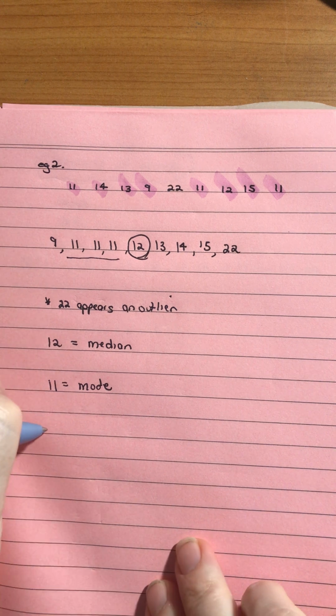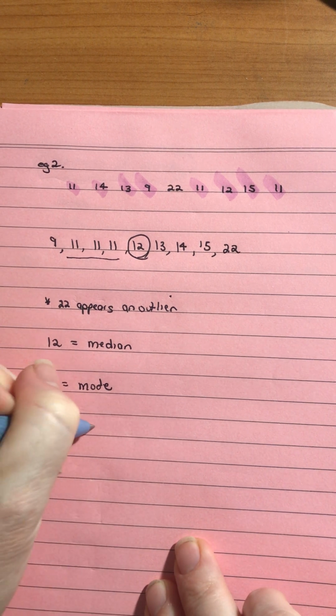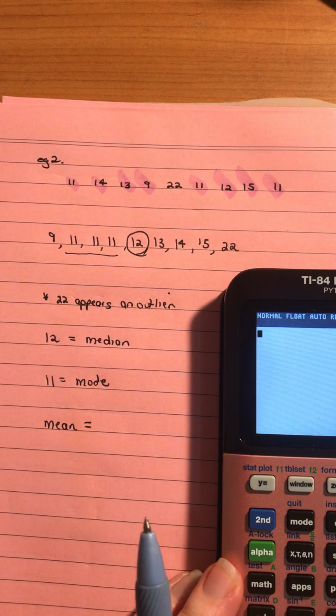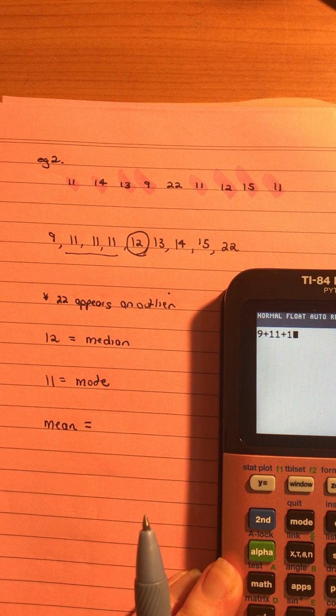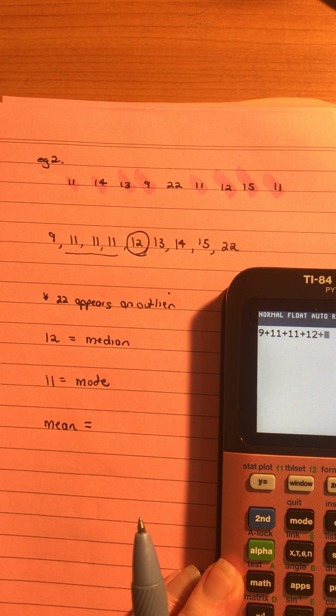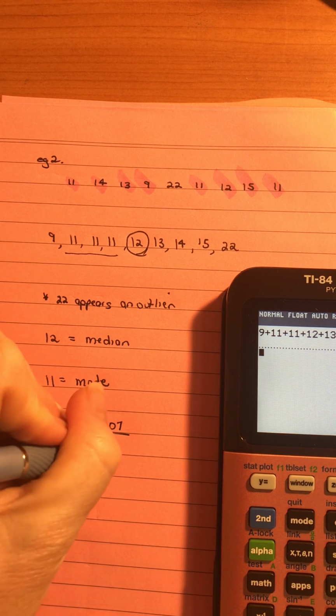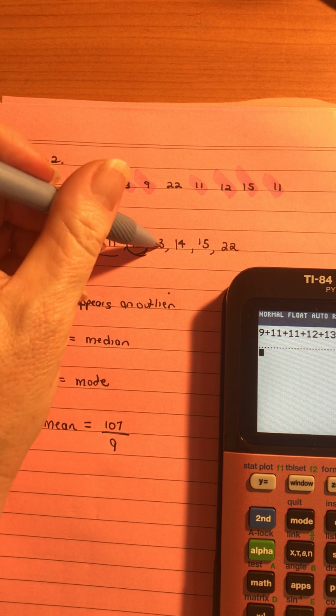And then I'm going to work out my mean. So I'm going to add them all up. And I get 107. And I had 9 numbers, 1, 2, 3, 4, 5, 6, 7, 8, 9.